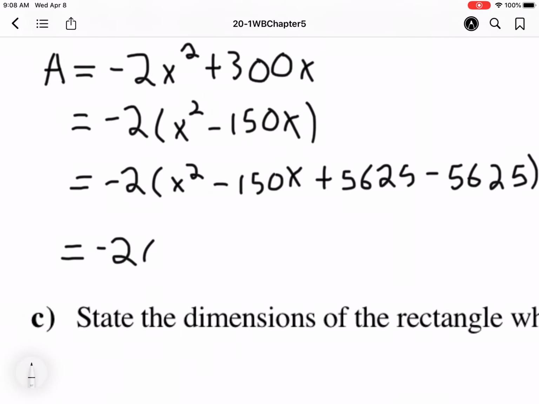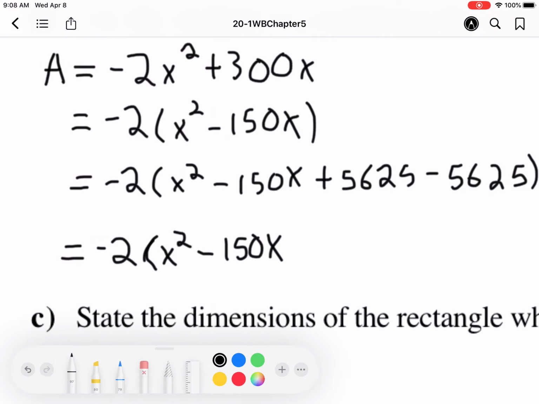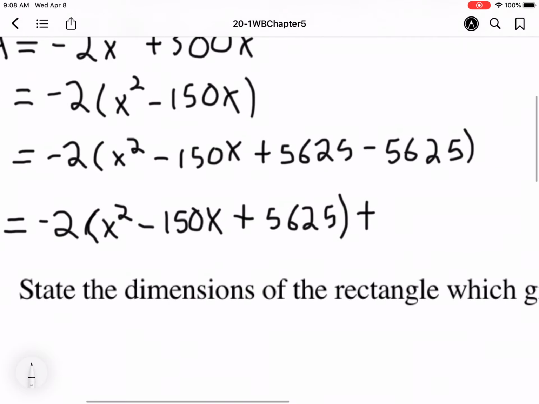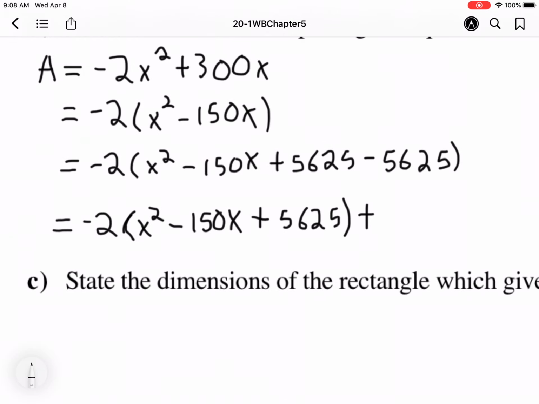So this gives me negative 2 times x squared minus 150x plus 5,625, plus negative 5,625 times negative 2, which is plus 11,250.